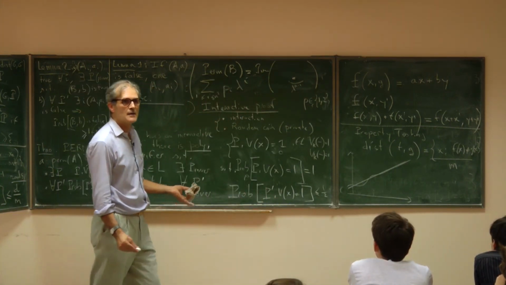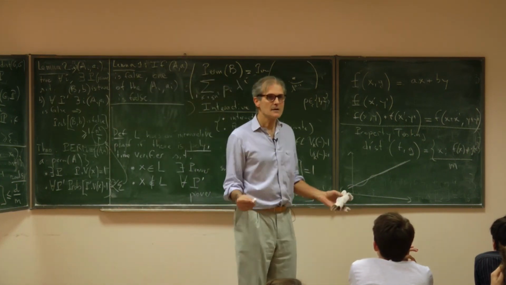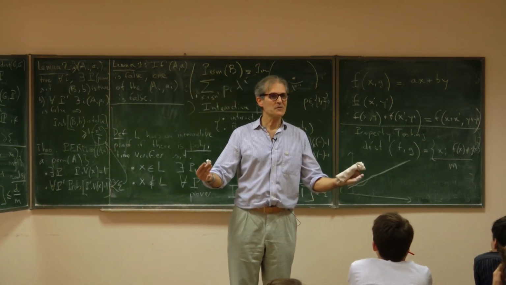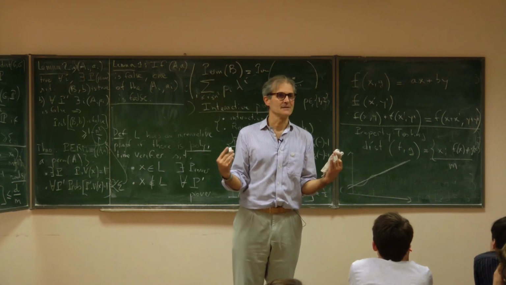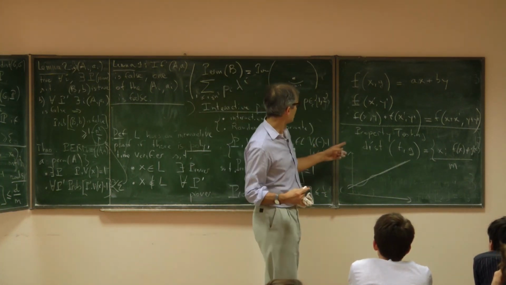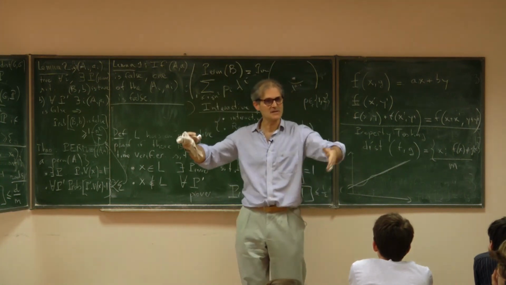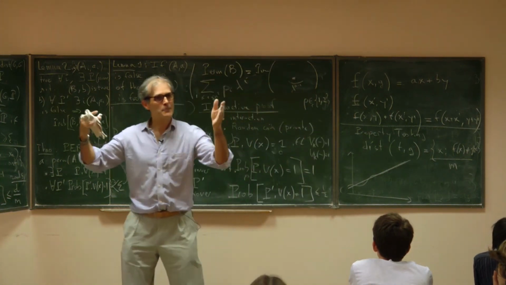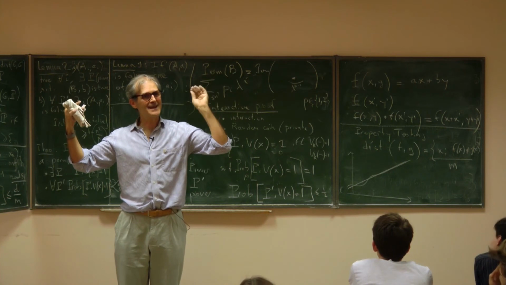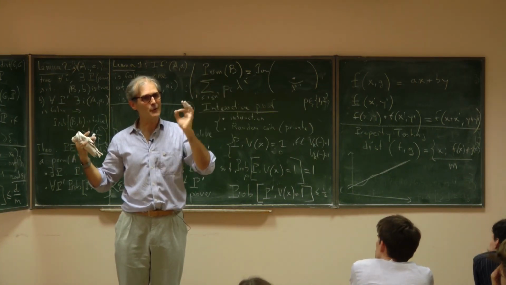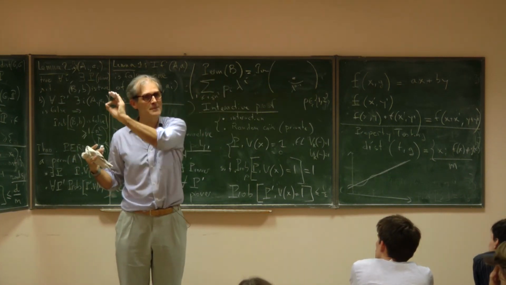Okay, so question: is g close or far from a linear function? We have a property of functions, which is linearity. So this is a set of functions that are linear. My problem is, I want to decide, is f linear or is f very far from linear?